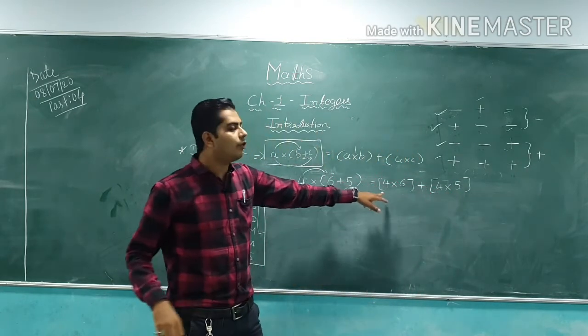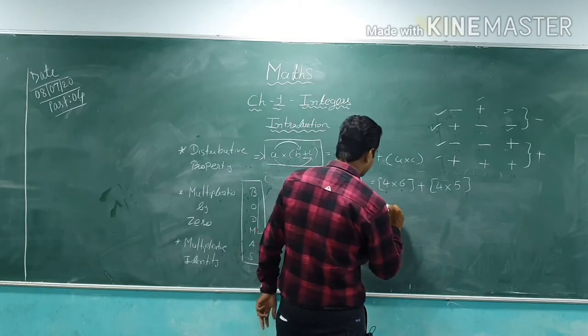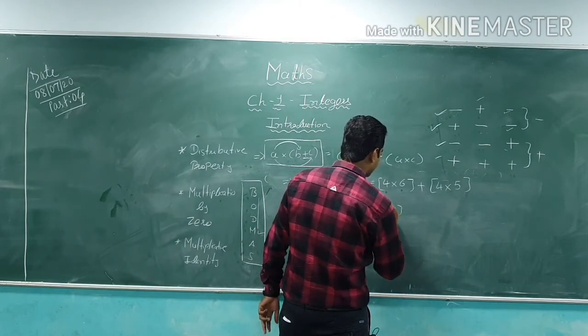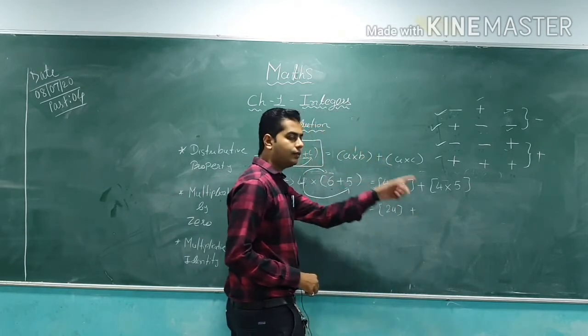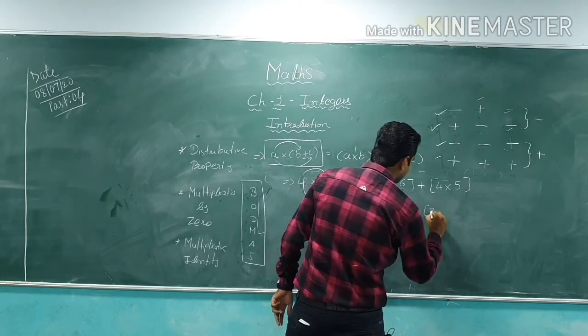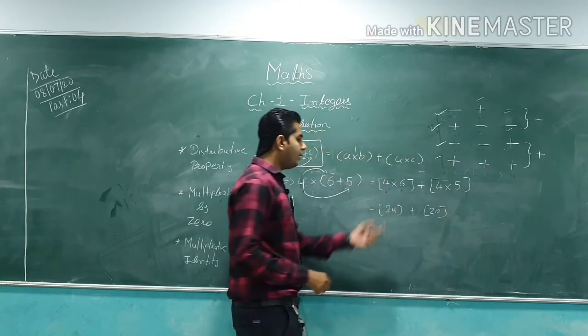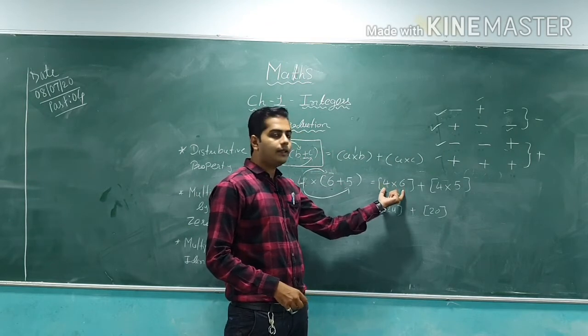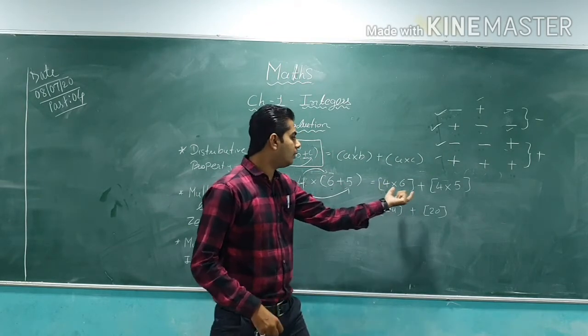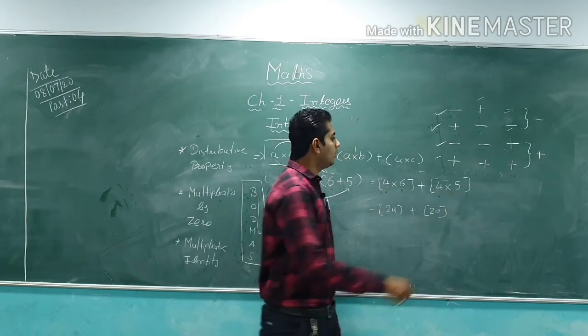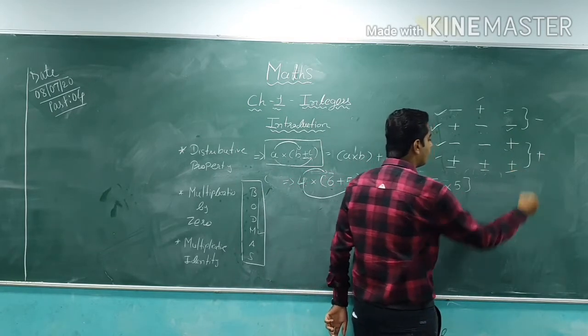So 4 6s are 24 and 4 5s are what? 20. Now as you can see, both the terms are positive, so positive positive positive.